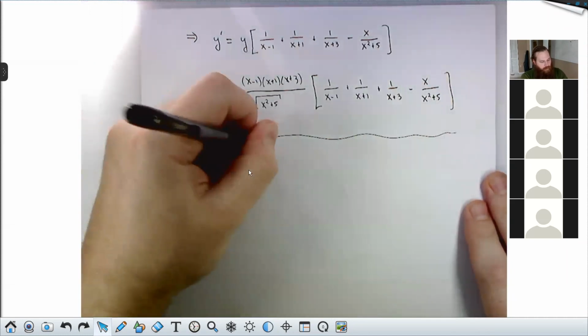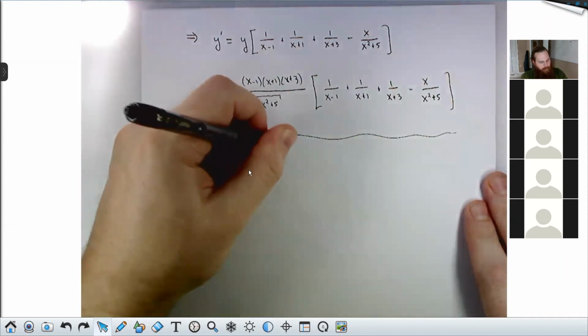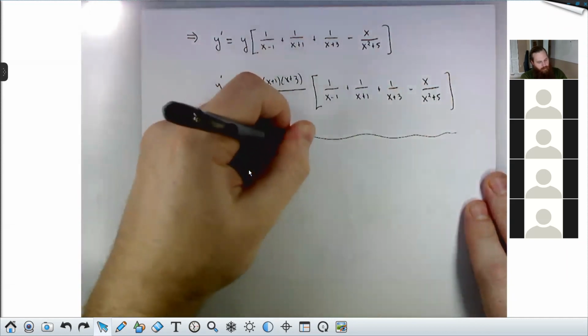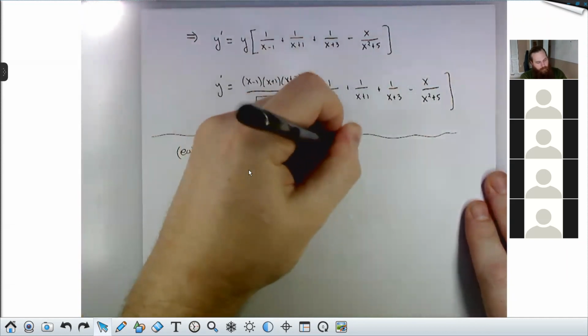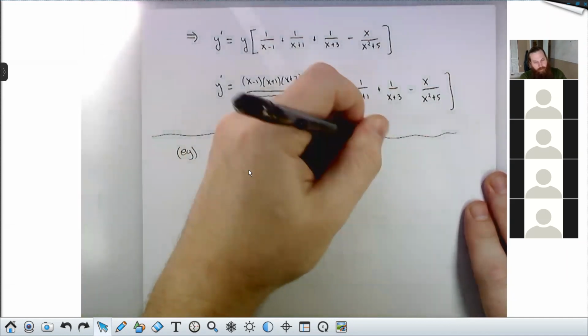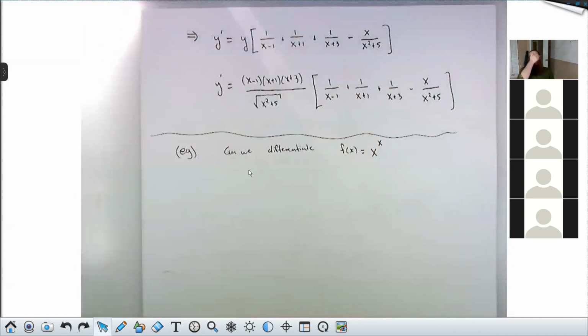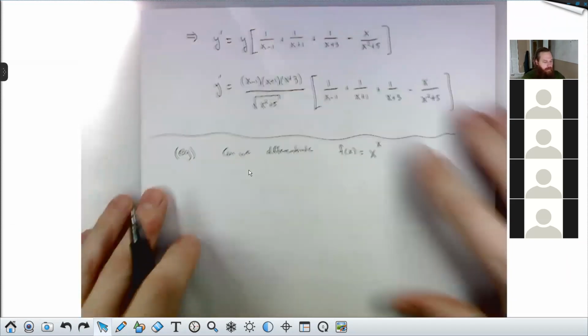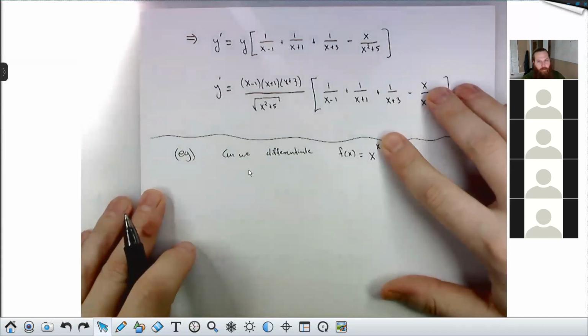Can we differentiate f of x equals x raised to the x? You may have never seen this function before. x to the x is a weird function. It's not a power function because it's not x to some constant power.